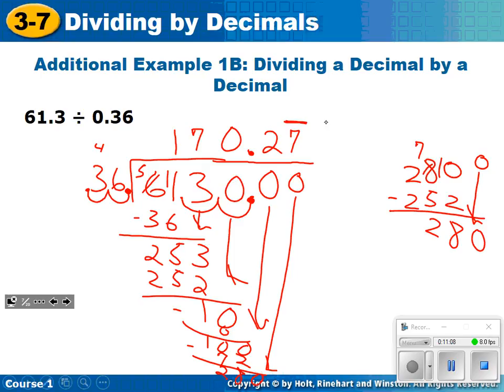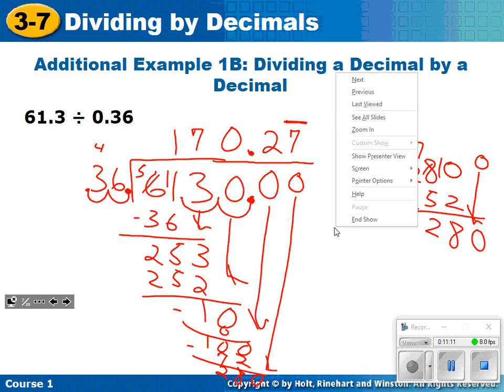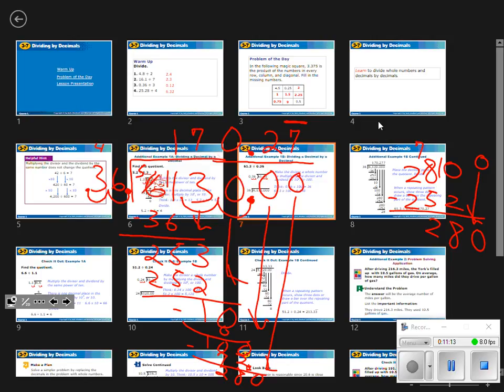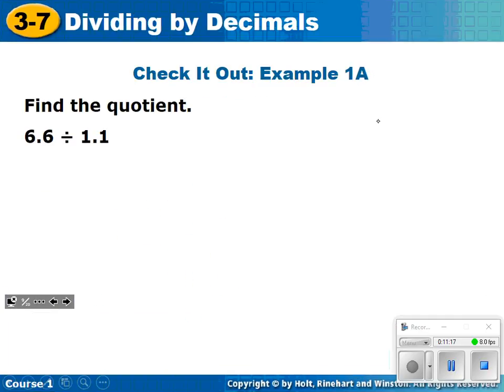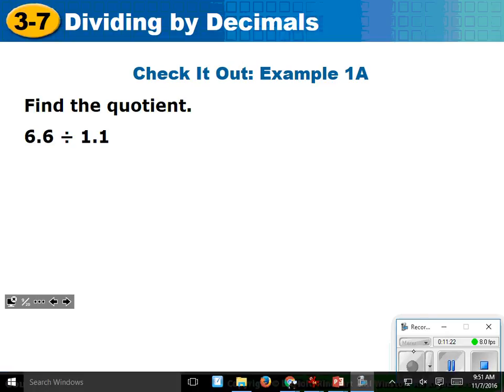On your whiteboards, I have a problem for you. It's a little easier than the last one, but I want to see how you do it. When you do this problem, 6.6 divided by 1.1, that's a weird one. Looks like a 4.